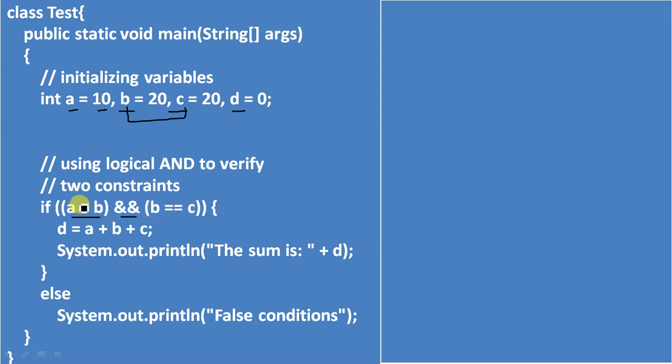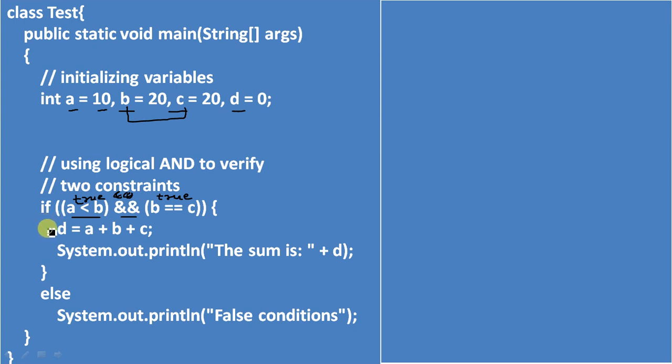So the result of this expression is true and true. The result is true, so our control will come into the if block.